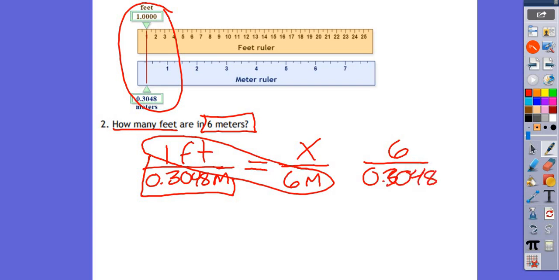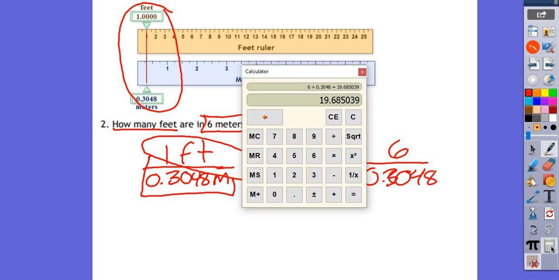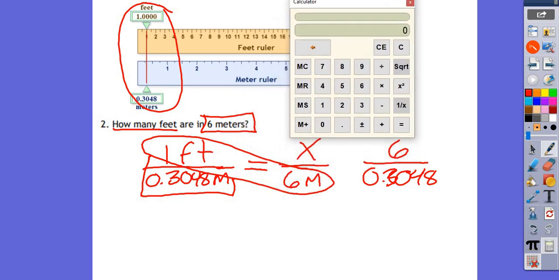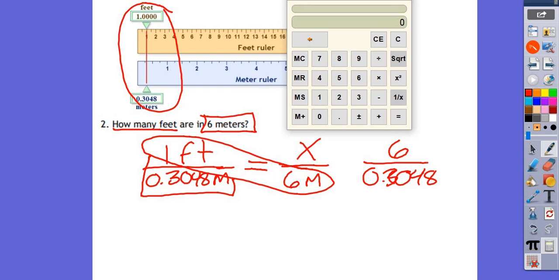Then I need to divide by 0.3048. Something like that, I'm not going to let you do by hand because that's a lot. So 6 divided by 0.3048, and I get x equals 19 point, let's round it to 2 decimal places, the hundredths. It's 19.7085.